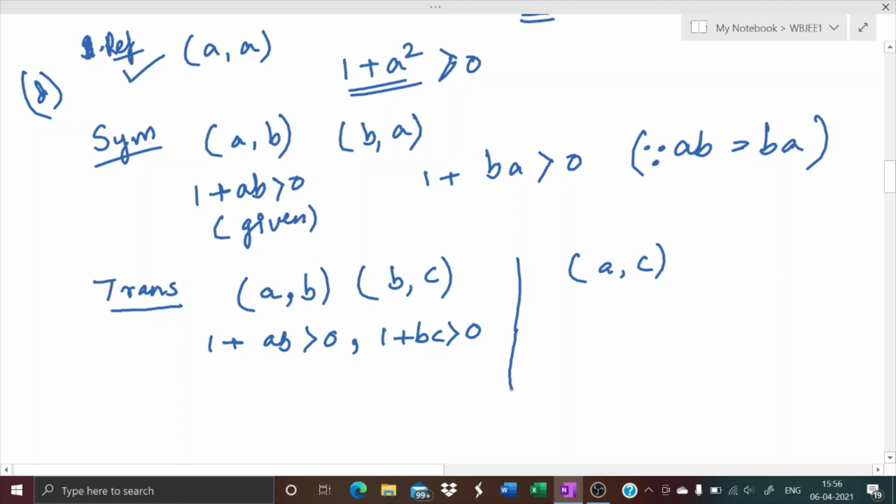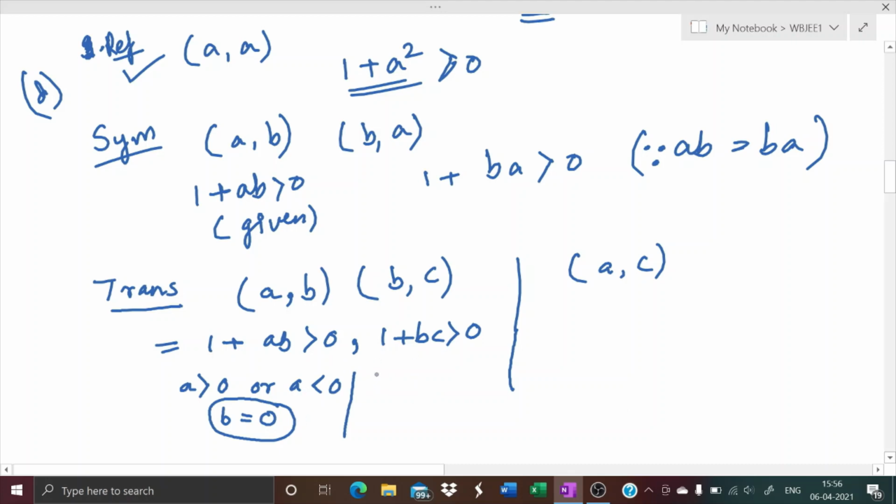Now suppose A is greater than 0 or A is less than 0, anything, but suppose your B is equal to 0. If B is 0, then this equation will give me 1, and 1 is greater than 0.